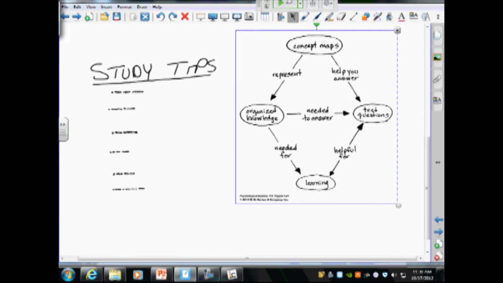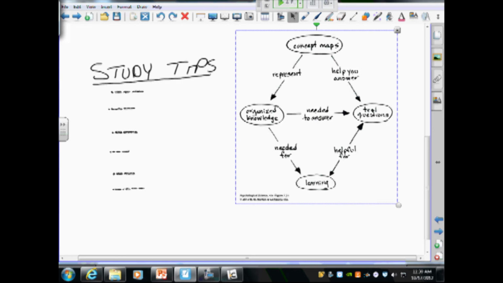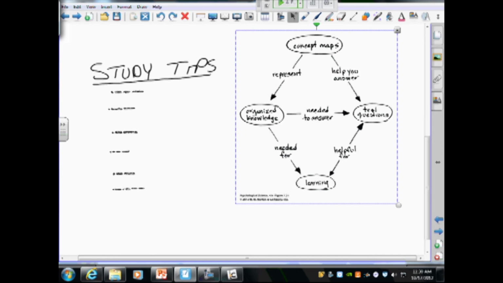So this idea of the concept map, you're drawing connections. You're putting ideas up and you're figuring out how they fit together. They help you to organize your knowledge, help you figure out what test questions might be, how things relate to each other.